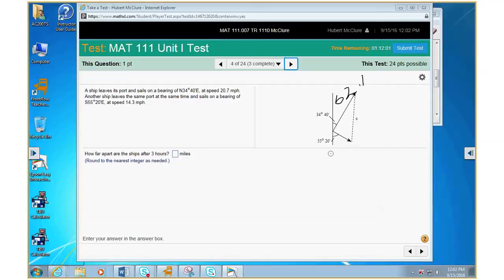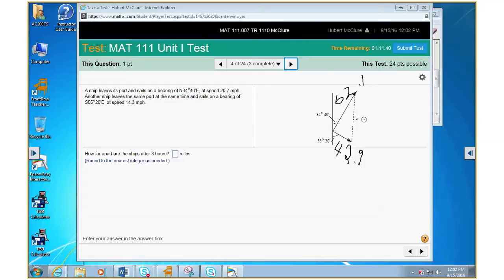And then 14.3 times 3 is what? 42.9. Okay, now you need a calculator. So take the calculators out and take 42.9, square it, and 62.1, square it, add them, take the square root.